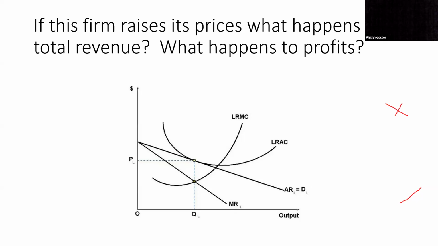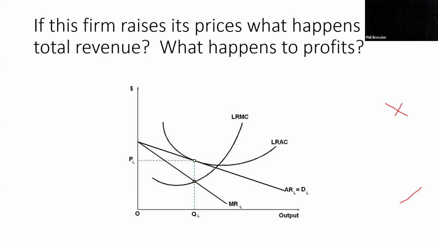Now, if marginal cost is greater than marginal revenue, should a firm increase its output, decrease its output, or keep the output the same?